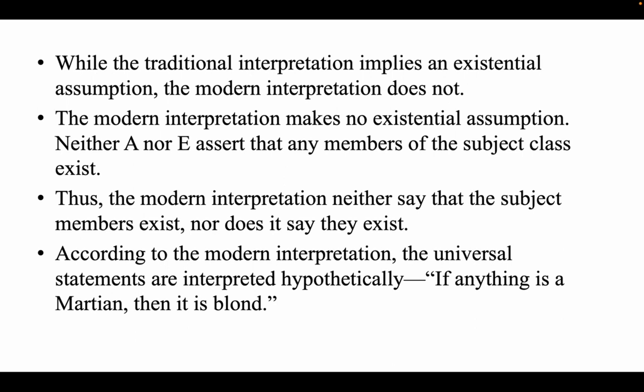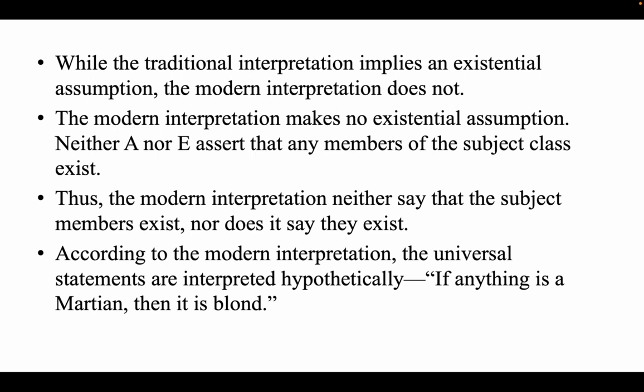So how do we read an A-form statement, for example? We have to interpret it as stating that if anything is a Martian, then it is blonde.